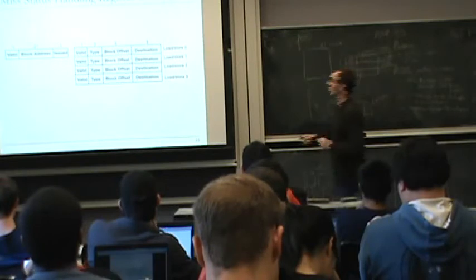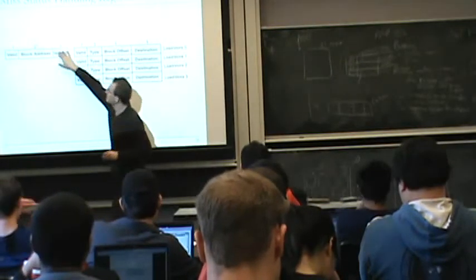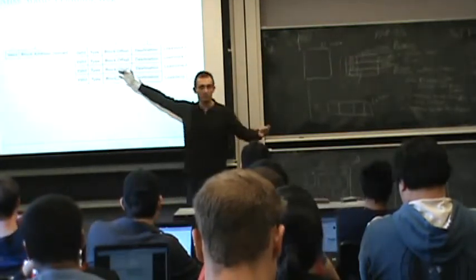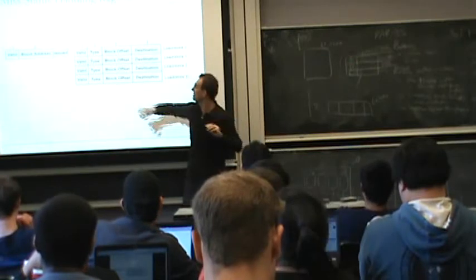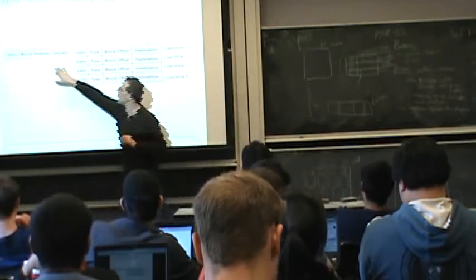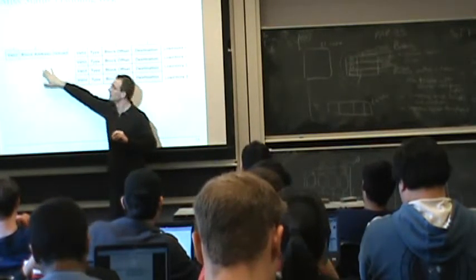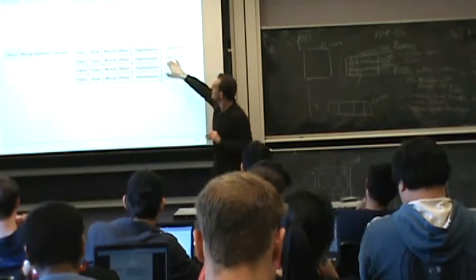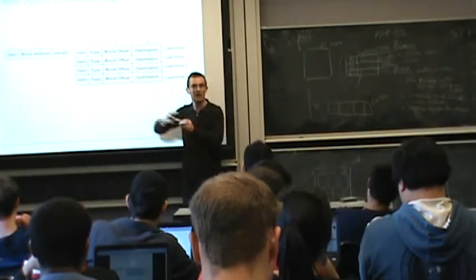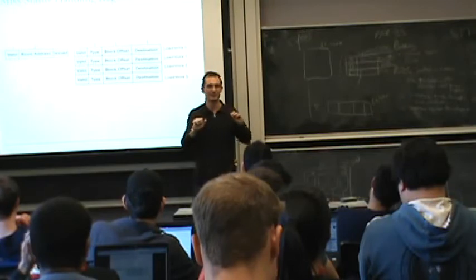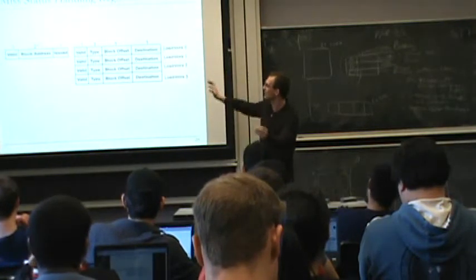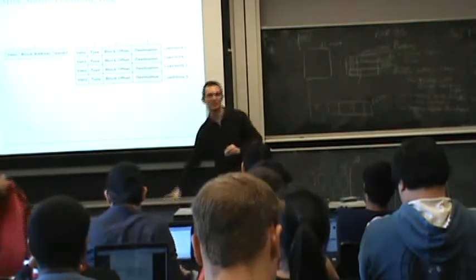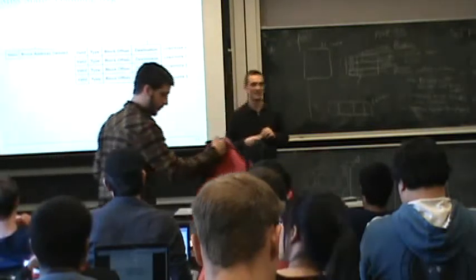So this is one entry in the big miss buffer, and these are the sub-entries. This is the block address that was missed. And by the way, these loads and stores are waiting for different parts in this block. So this is a single entry, and you put multiple of these together to enable multiple outstanding misses.